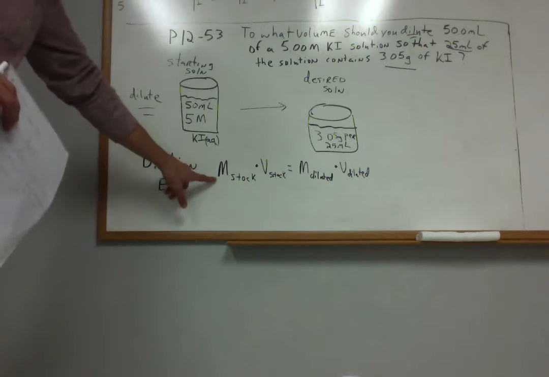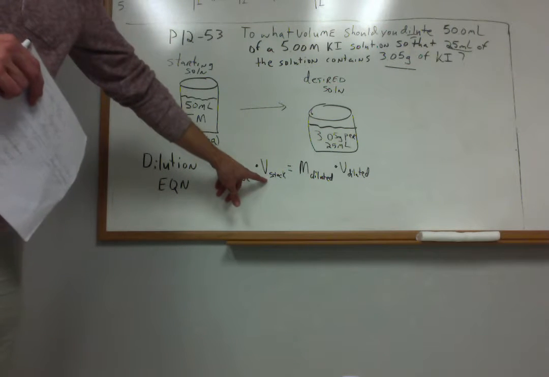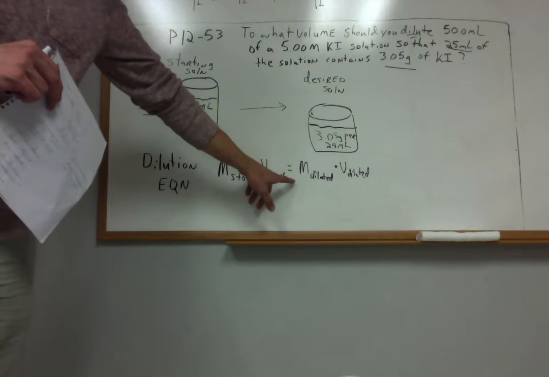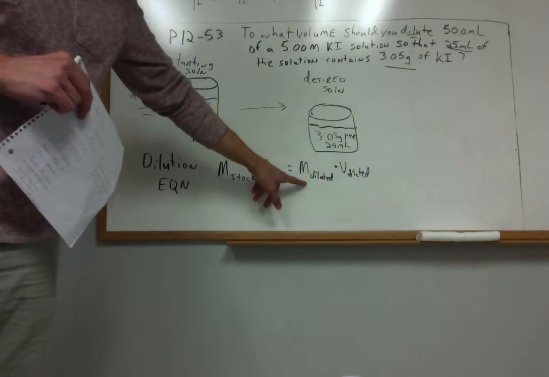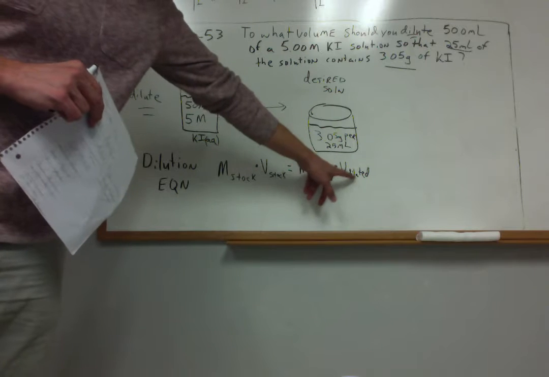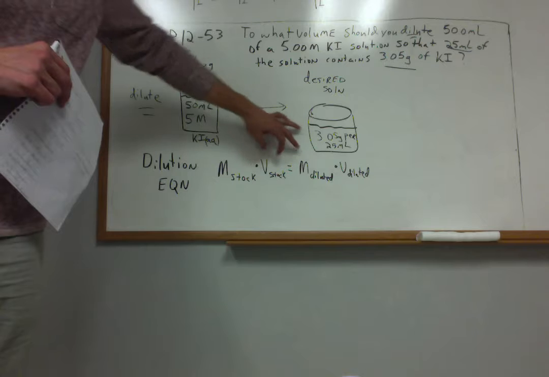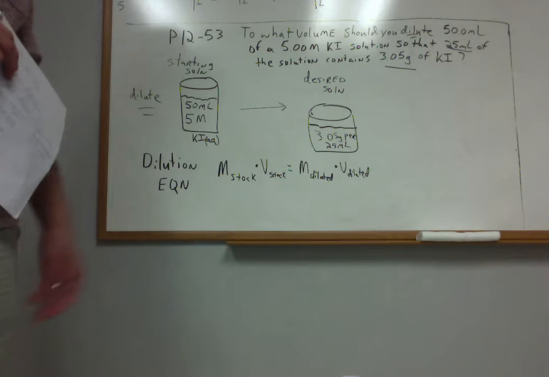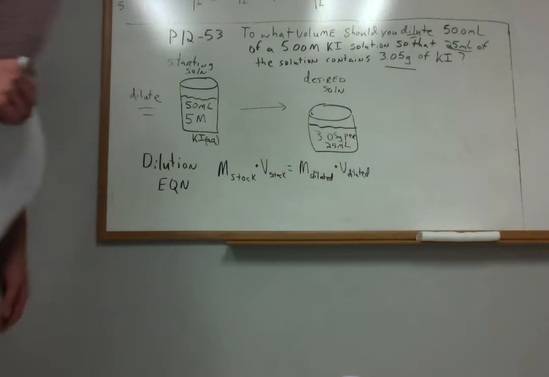It says that the molarity in moles per liter of our stock solution times the volume of the stock solution used in the dilution has to be equal to the molarity of the diluted solution times the volume of the diluted solution. More generally, these molarity terms could be any concentration unit, and the volumes could be a variety of different volume units as long as you're consistent from one place to the next.